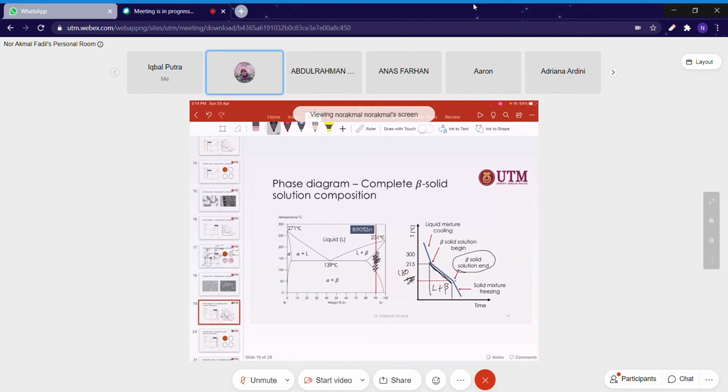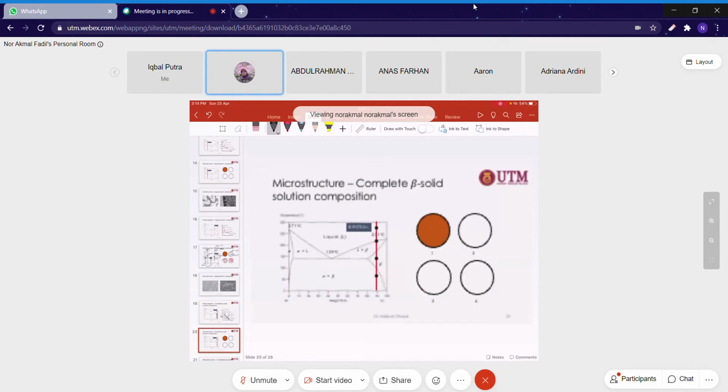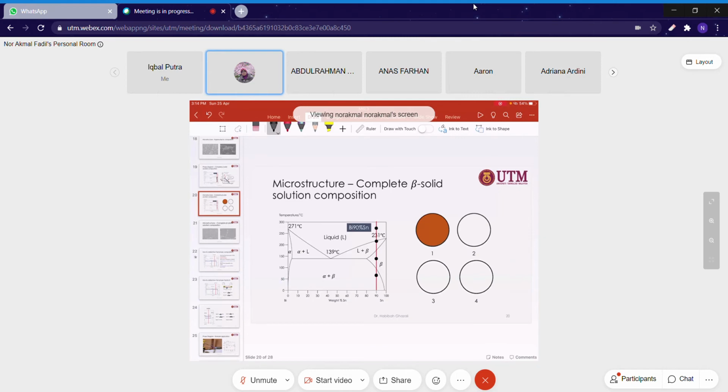So the microstructure. Okay. Next, last time we stopped at this point, where this is the explanation of phase transformation for the alloy containing the complete beta solid solution composition as the primary solid.